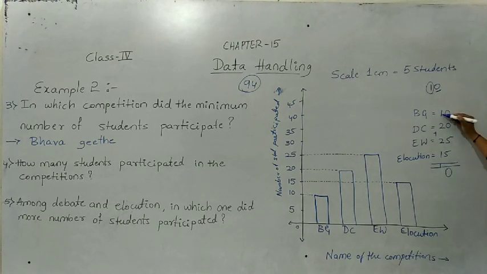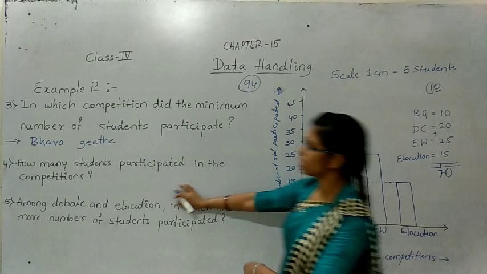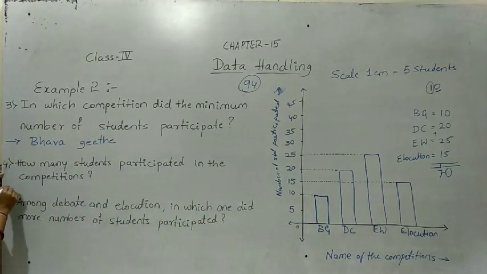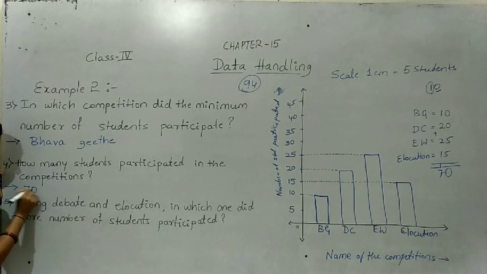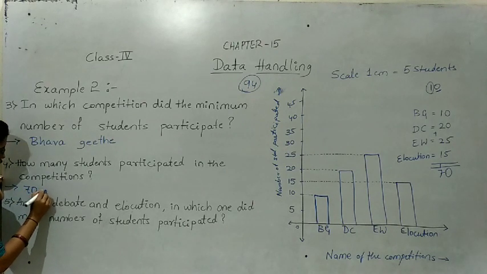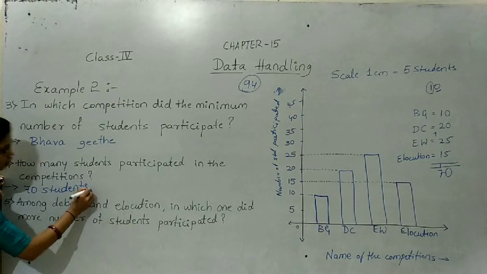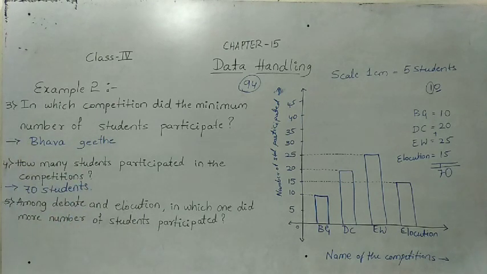Okay. 1 plus 2, 3. 3 plus 2, 5. 5 plus 1, 6. 6 plus 1, 7. Total number of students 70. The question is how many students participated in the competition? That is 70 students. The answer for this question is 70 students.